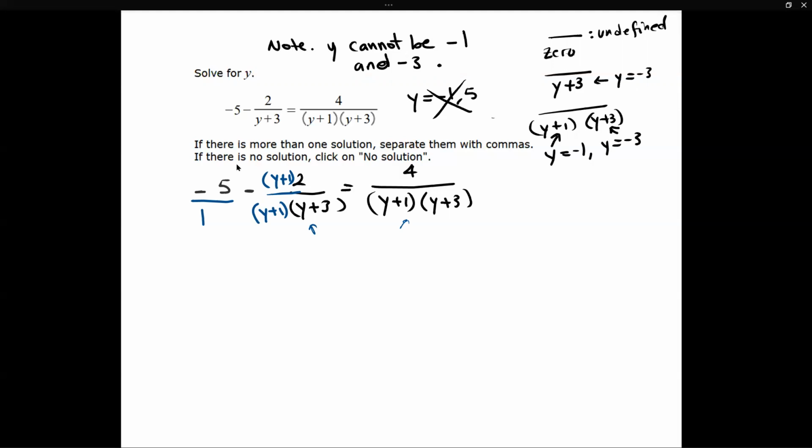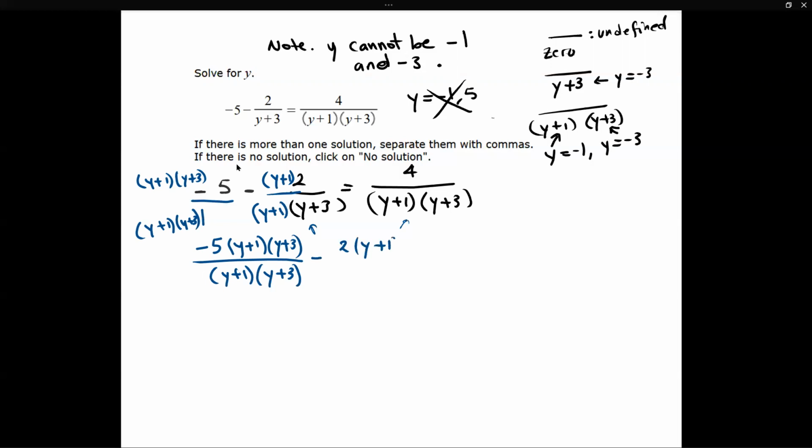So if we can have y plus 1 and y plus 3 here, then we're going to have the same denominators for all these fractions. Let's write it nice and neat so it's clear what we're trying to do. Pretty much we're making the denominators the same. If they're not factored, you factor, and whichever factor is missing, you put it there and multiply up and down by it.